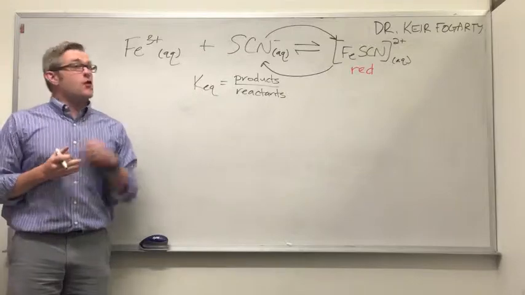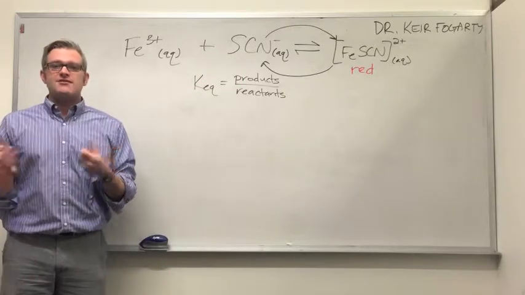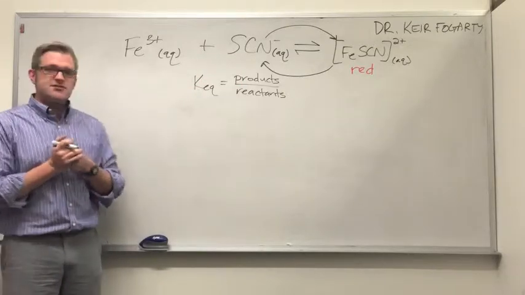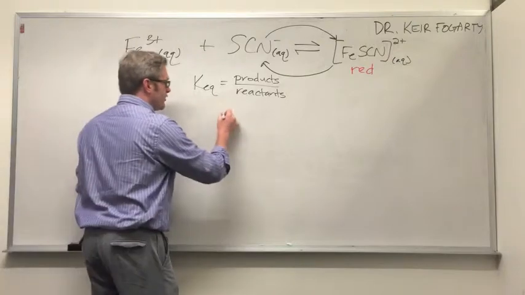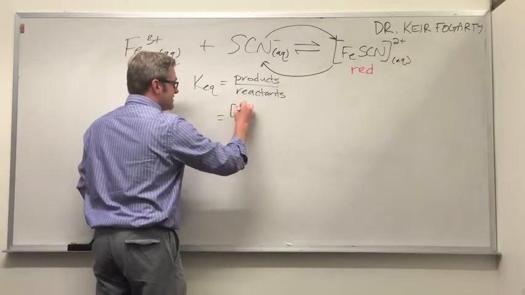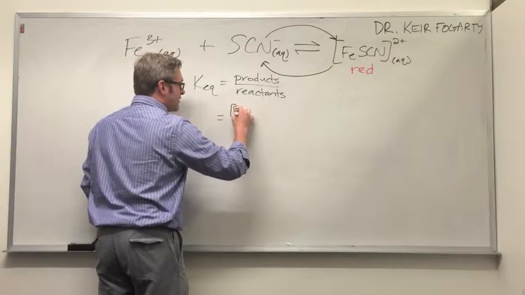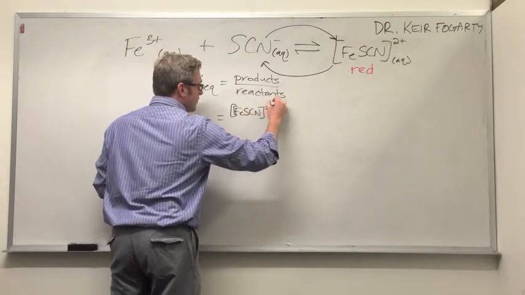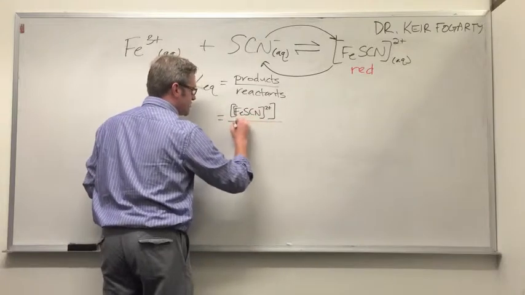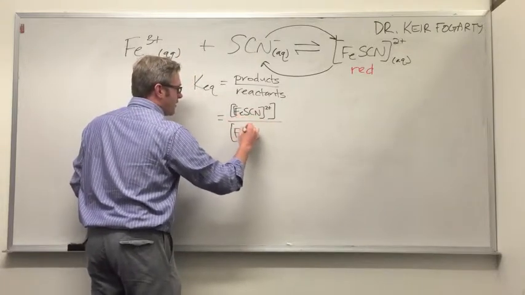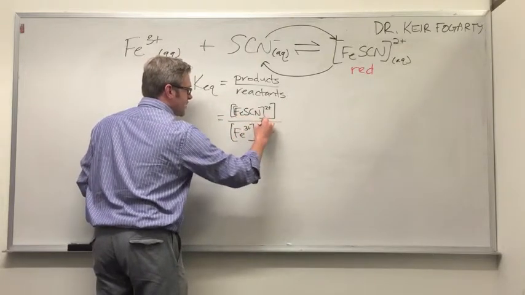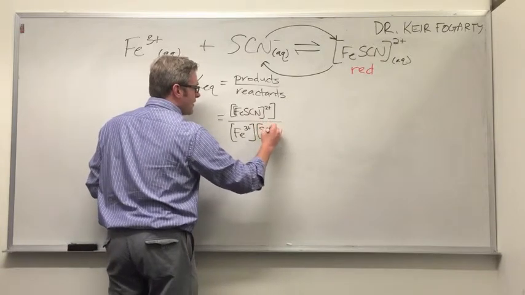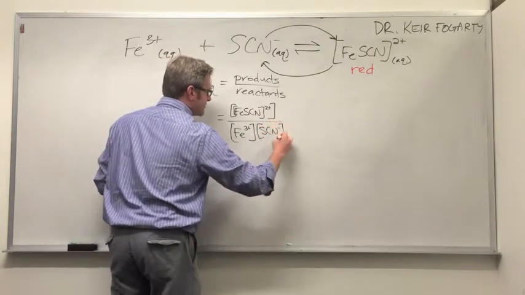And for an aqueous system, we use the concentrations of our respective species. So in other words, we would rewrite this equation as our iron thiocyanate 2+ ion concentration over our iron 3+ concentration times our thiocyanate concentration.